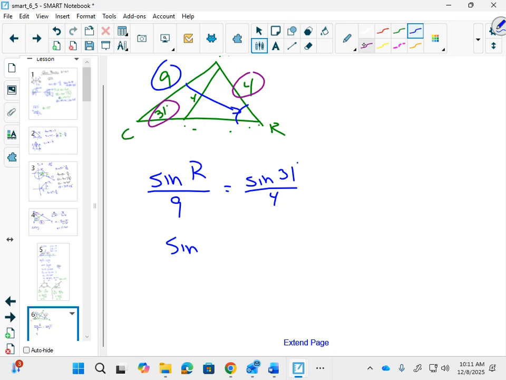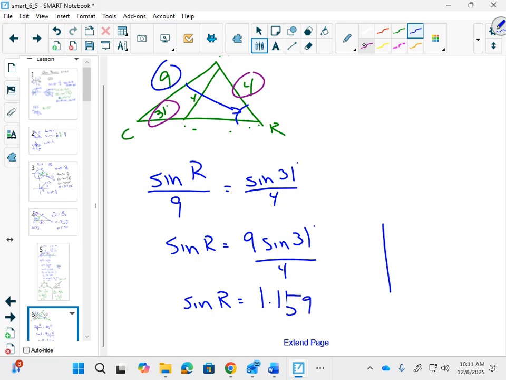So again, I can find this in my calculator. I get 1.159.